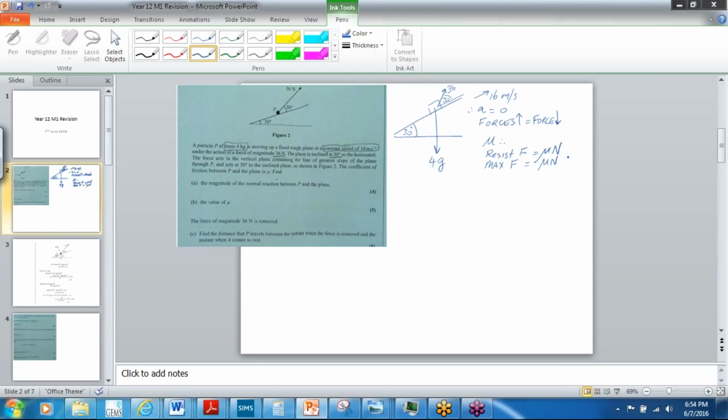Now if it's moving up the plane, it means that the friction is a maximum. While it's moving, the friction is a maximum in the opposite direction to the movement. So we'll just make that note here. That means if it's moving up the plane, there is a maximum friction acting down. So that's F max.